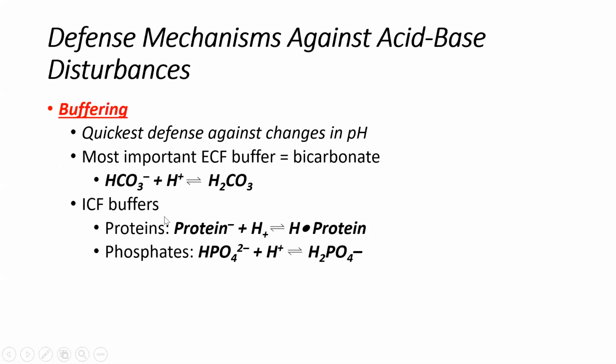Inside our cells, the main buffers are proteins, whatever proteins are inside our cells, as well as phosphates. Proteins and phosphates have the ability to bind the excess hydrogen ions and soak them up or mop them up, and again, resist any changes to the pH inside the cells. So our main extracellular buffer is bicarbonate, and our intracellular buffers are things like proteins and phosphates.